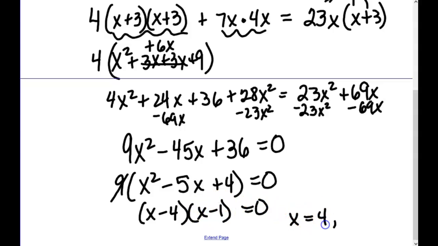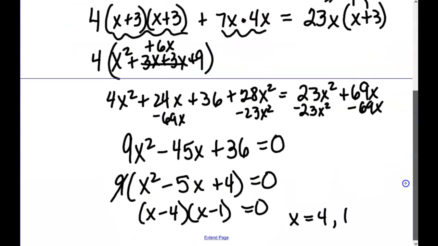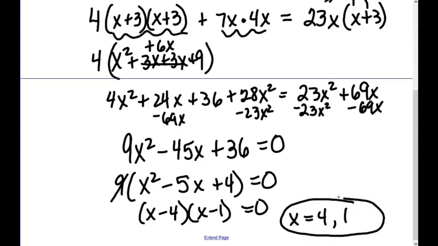So I get x equals 4 or 1. Is either one of those garbage? There was a 4 down here, but that's not an x, right? So I think we're okay. The two solutions would be 4 and 1. I should have just had you skip that one altogether. Gross.